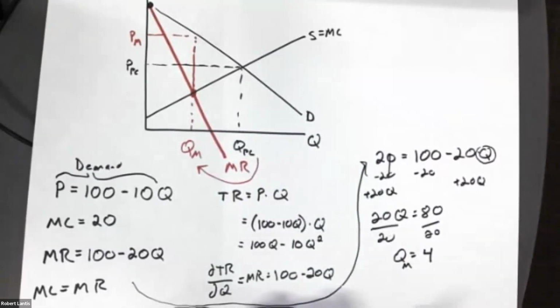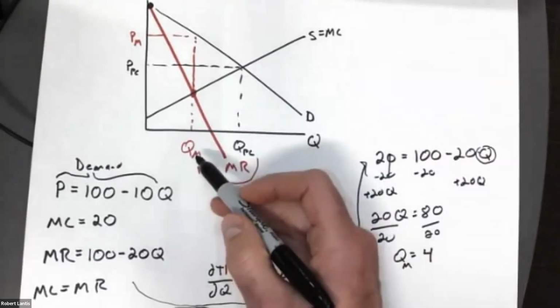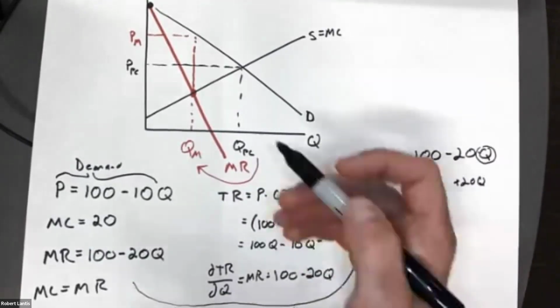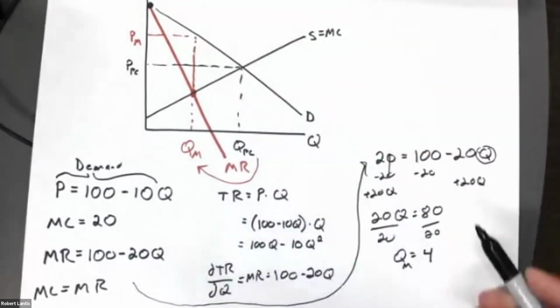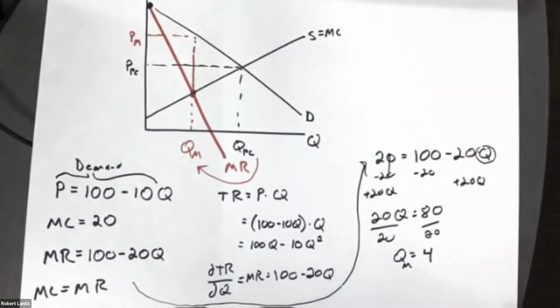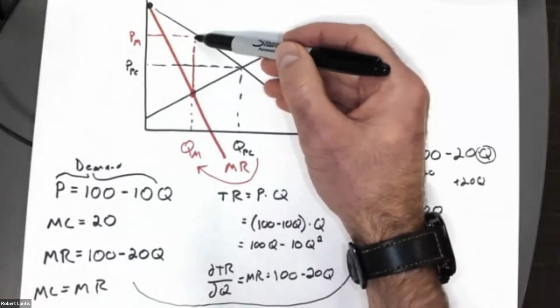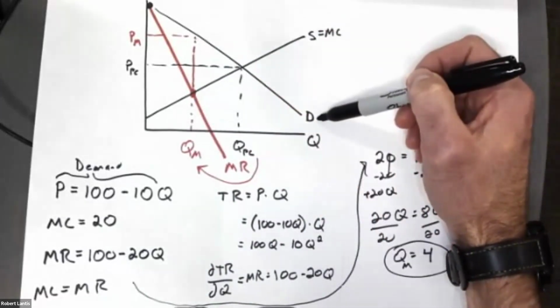Okay. So I just found that the profit maximizing quantity for a monopolist is 4. How would I then find the price that the monopolist can set? Well, I'm going to take that profit maximizing quantity and figure out the corresponding price, or willingness to pay.